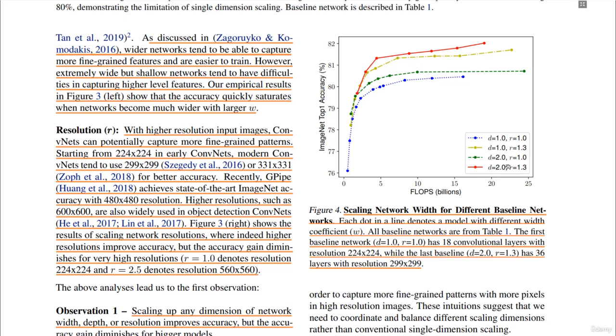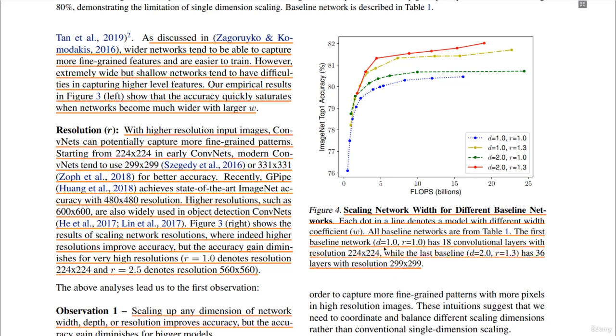We'll see how we get the optimal or highest possible accuracy when we select a depth of 2.0 and R, that's resolution, of 1.3.